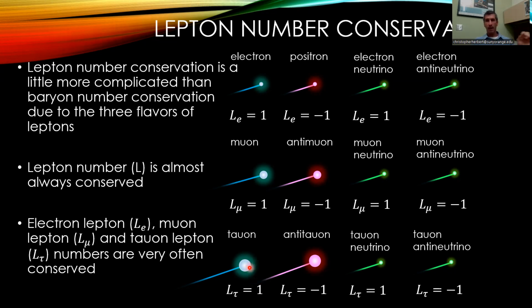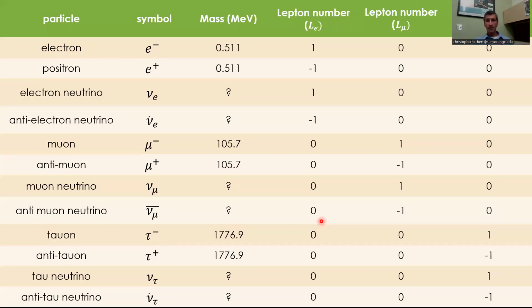A tauon would have a lepton number of 1, but also a lepton tau number of 1. Its electron lepton number would be 0. I hope that's not getting too confusing here. So again, we can see the different electron lepton numbers, muon lepton numbers, tau lepton numbers, and our expectation is they would be conserved in some type of interaction.